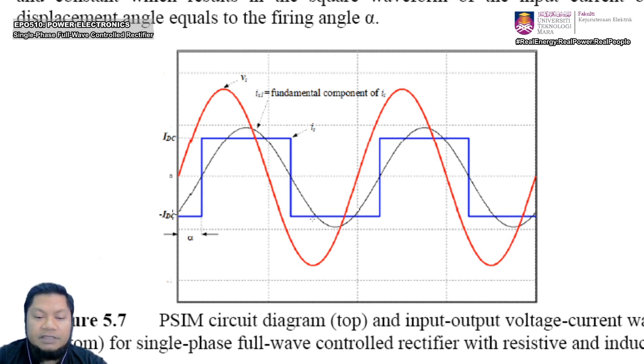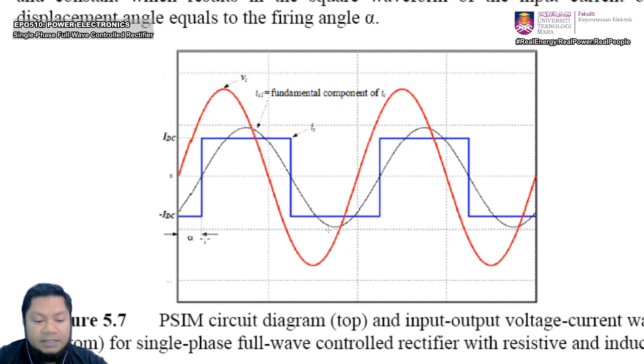The black one represents the first fundamental component of Is. It has the same frequency as the current waveform. Therefore, if you measure the fundamental component from that point to that point, it gives the angle of phi1. The angle of phi1 is alpha, isn't it?